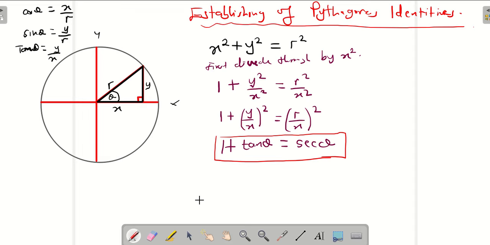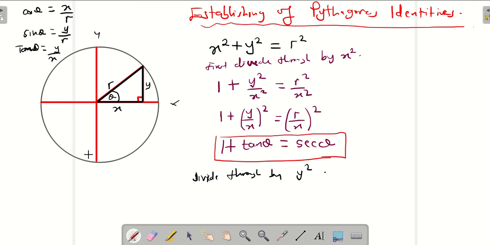Now, we can also look at another identity by dividing through by y squared.